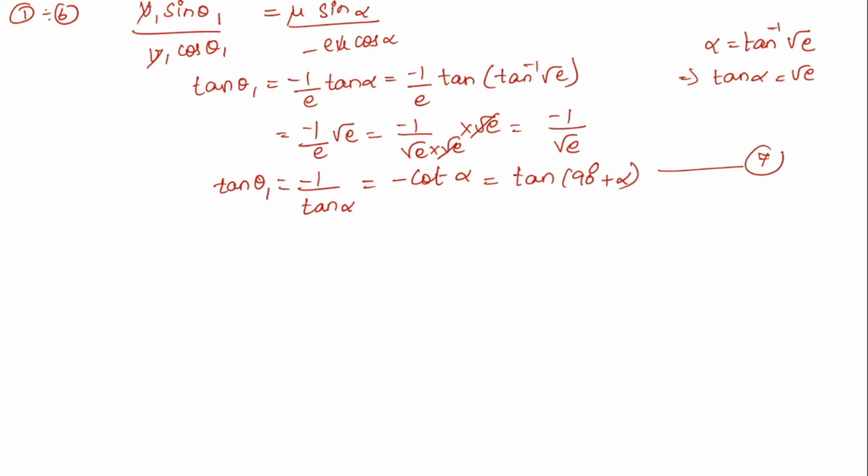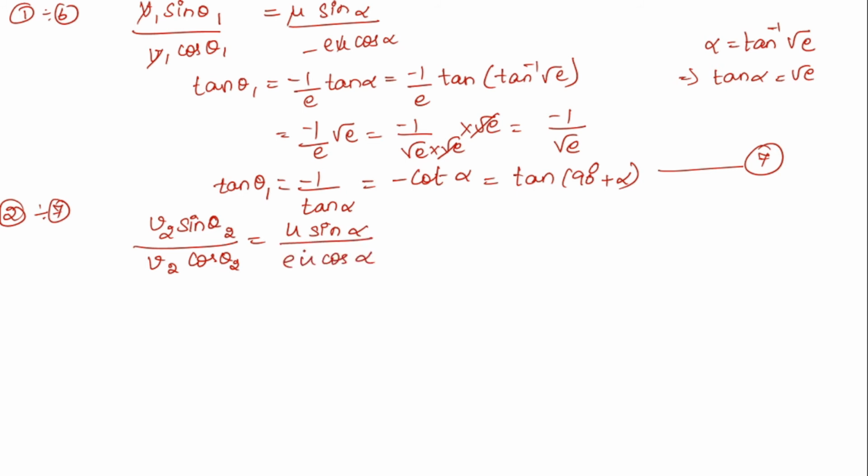Mark it as equation 7. So now we are going to find tan theta 2. So second equation divided by the seventh equation. So it is v2 sin theta 2 divided by v2 cos theta 2, that is equal to u sin alpha divided by eu cos alpha. So u and u will get cancelled, v2 will get cancelled. So tan theta 2 is equal to 1 by e tan alpha.